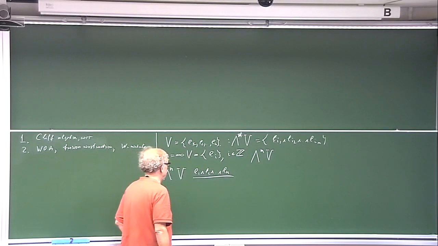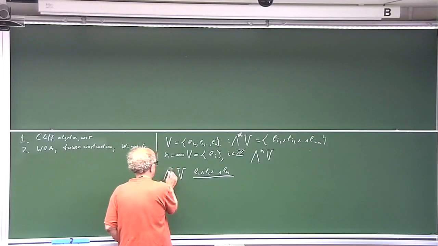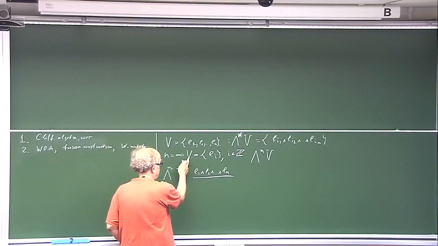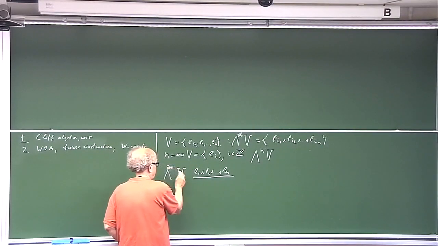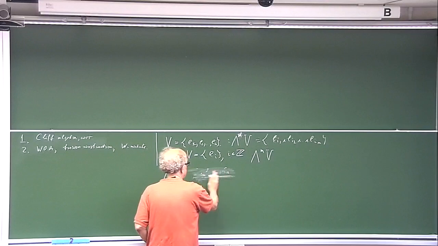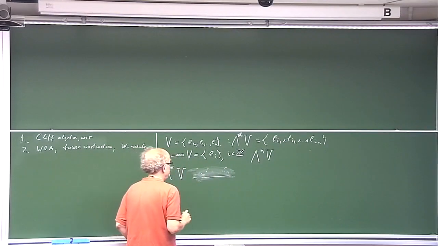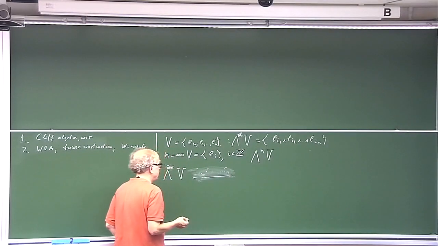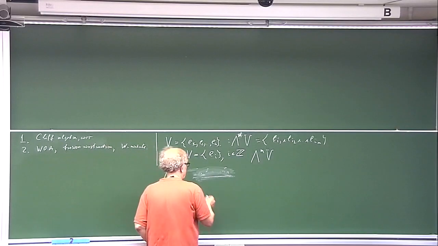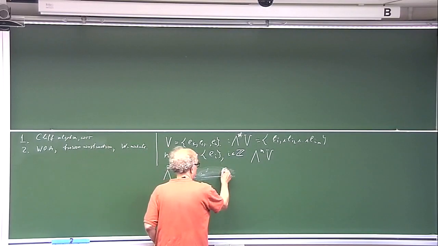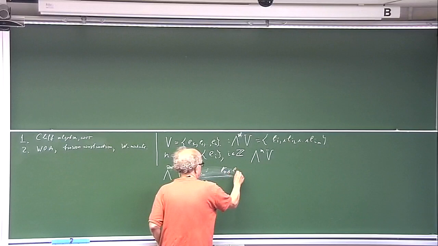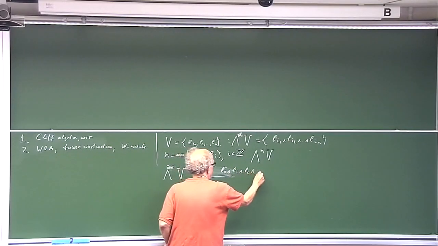And why not do something like that for an infinite dimensional space like this? In this case, formally or not, at least we can write down an object like this, E0, E1, E2, and so on.